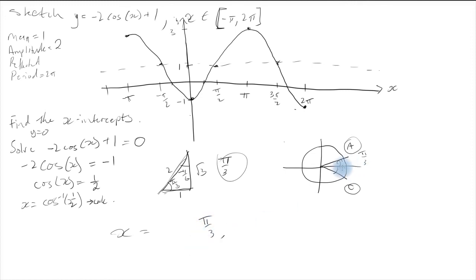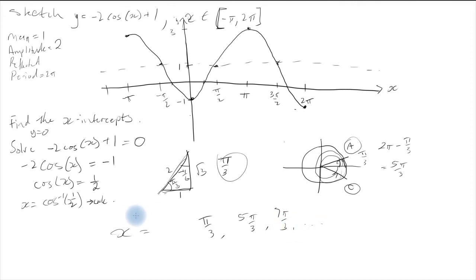Now this one here is a full lap around to here. So that's 2 pi minus pi on 3, which of course is 5 pi on 3. If I was going to go another lap around, it'd be 2 pi plus another pi on 3, so that is 7 pi on 3, and there are more as well if I want.